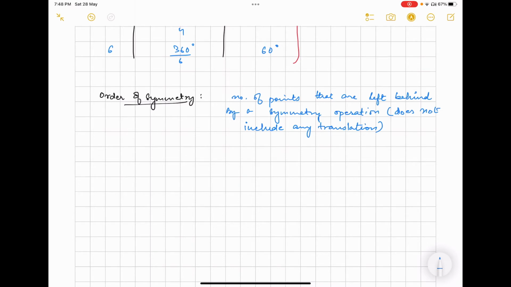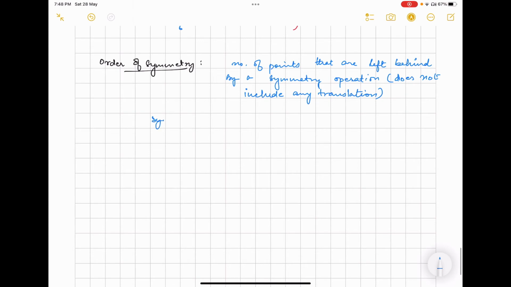Suppose if a symmetry operator leaves 2 points, then the order is 2. If it leaves 4 points, then the order of the symmetry operator is 4.